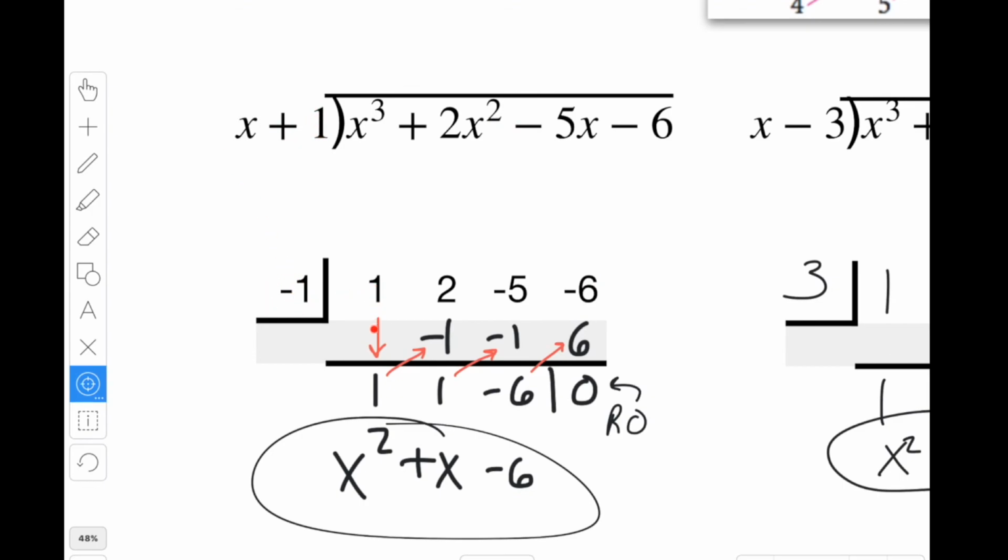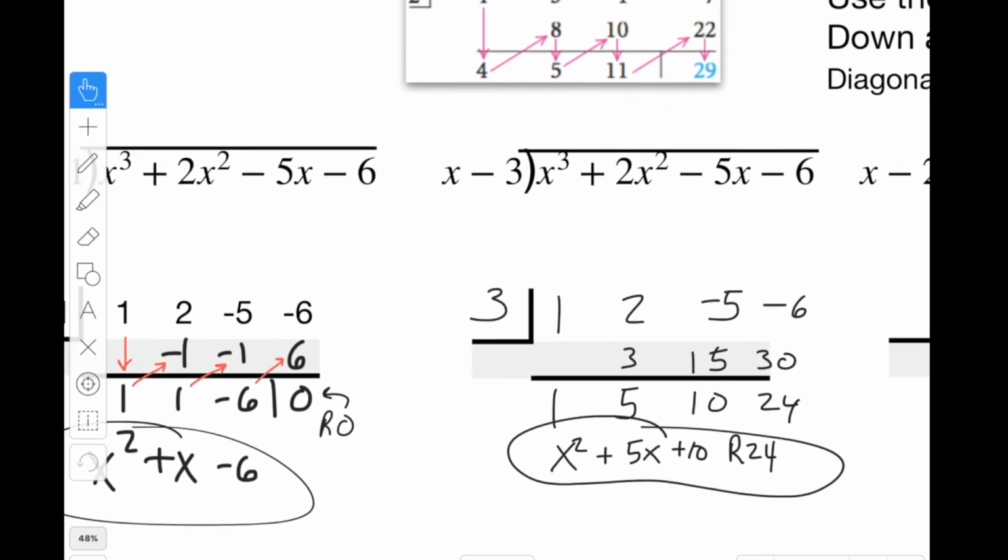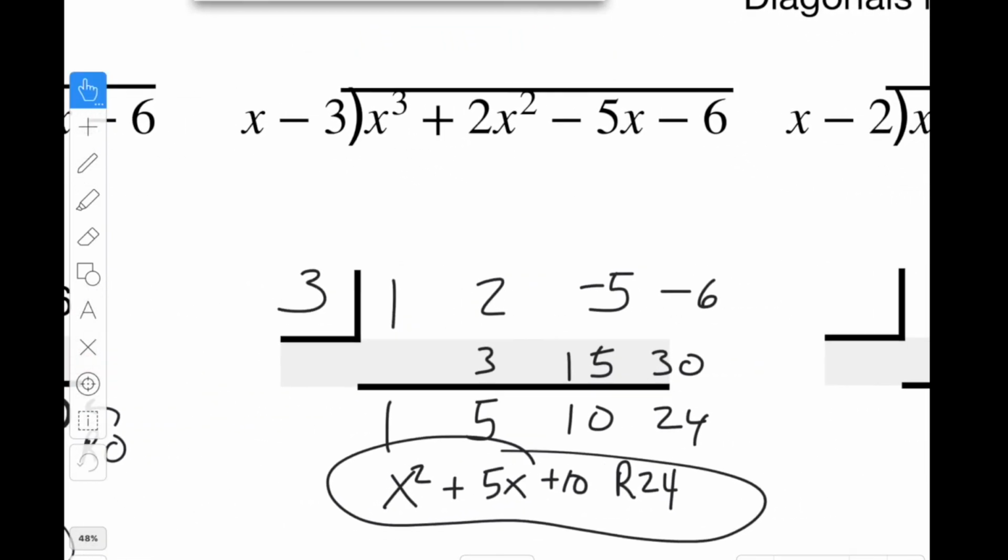And then we're going to add, multiply by -1, add, multiply by -1, add, multiply by -1, and add. The remainder is 0. So you can actually see that when you divide this big polynomial by x plus 1, you get x squared plus 1x minus 6. I like synthetic division because it shortens the handwriting, and you're dealing with addition instead of subtraction.